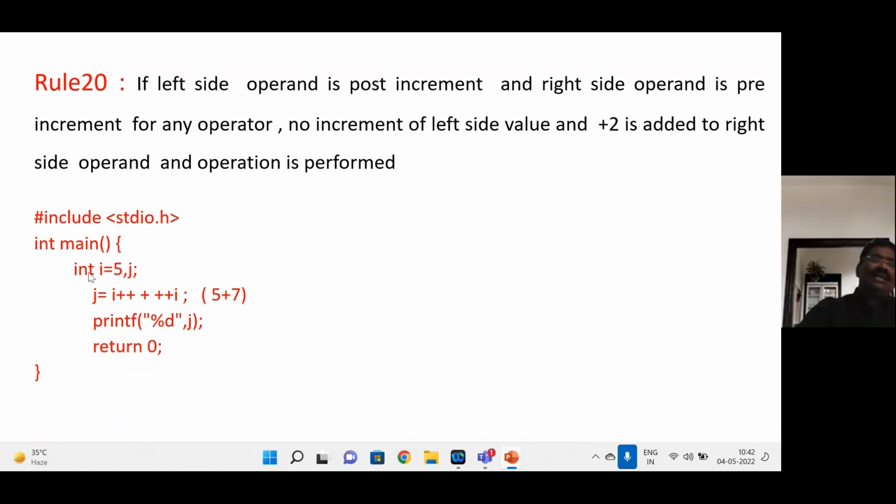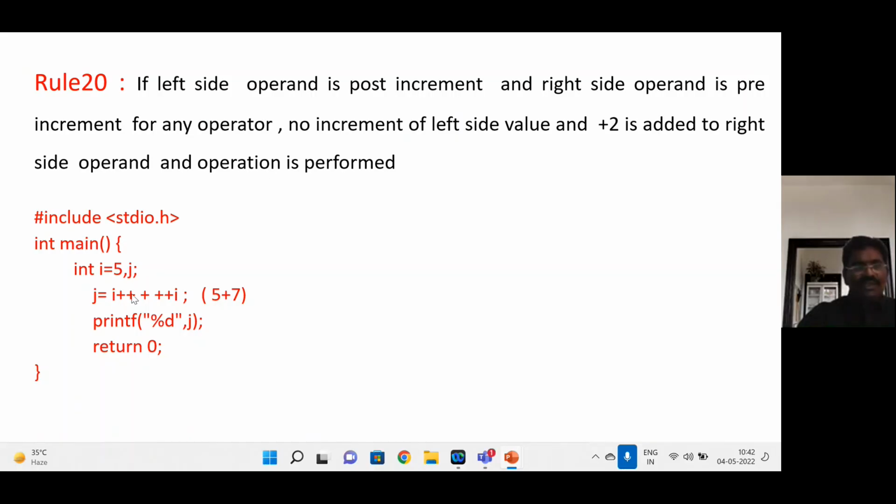Here you see int i is equal to 5 and j, j is equal to i plus plus plus plus. This is post incremented and this is pre-incremented. The pre-increment goes right to left. How many plus operators are there? Two increment operators. So this is the same as what I explained in the previous case. So that is 5 plus 2, which is 7. This is 7.